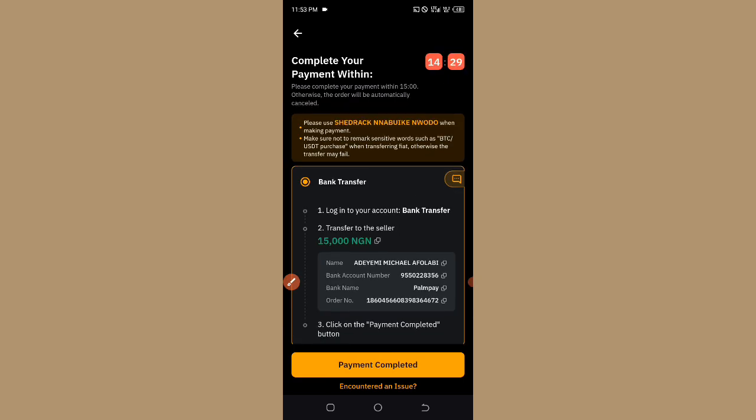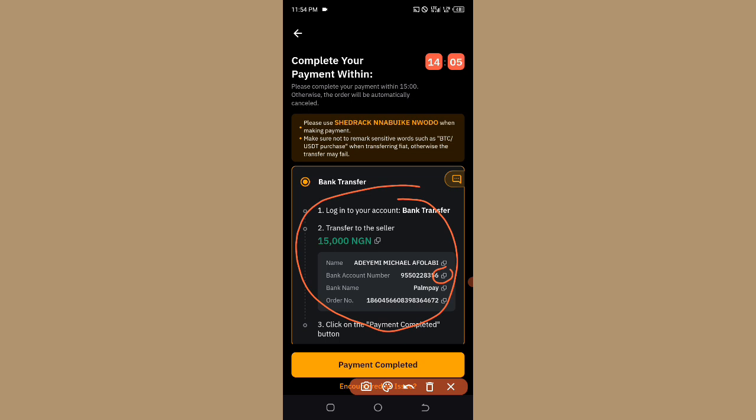Now this is where you need to copy the person's account number. You can see the account details here. You have to copy the person's account number. For me, I don't copy everything. I just copy the account number. You click on this small thing here, and you've copied the account number.